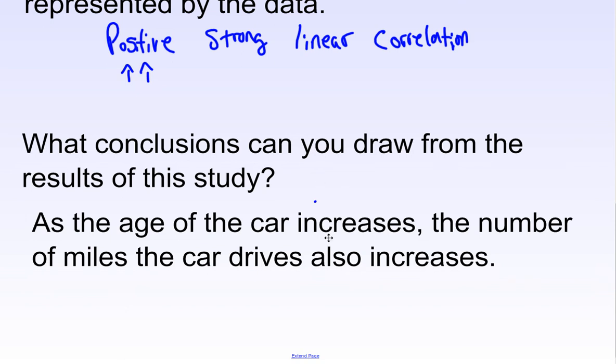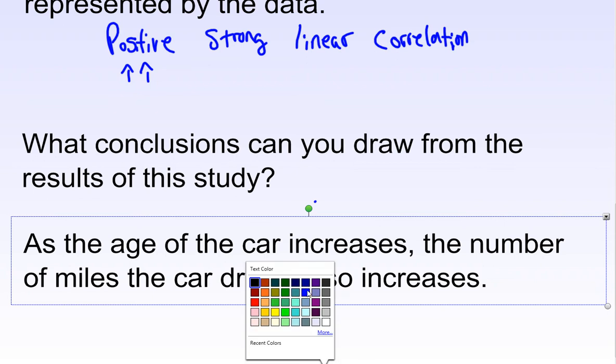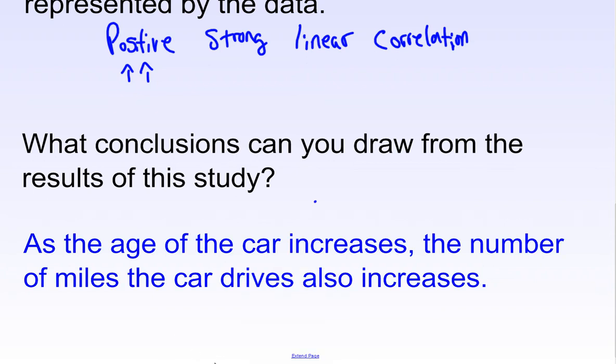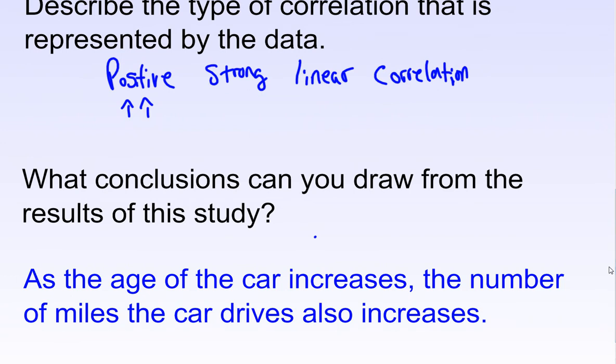So that would be a conclusion we could draw from the data. That's something we can say is true based on the data points we were given, the scatter plot we made, the line we drew, and the adjectives we described it with. They all tell us that the older the car is, the more miles it has been driven.